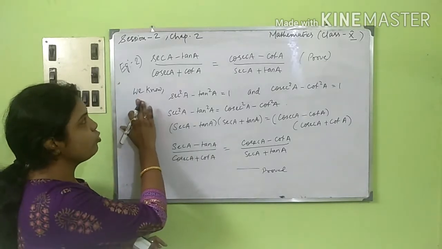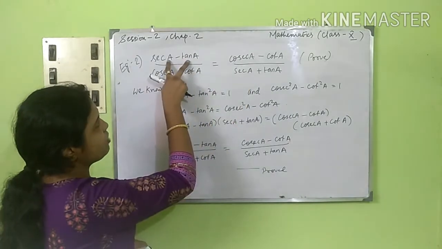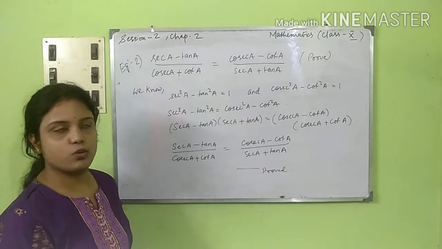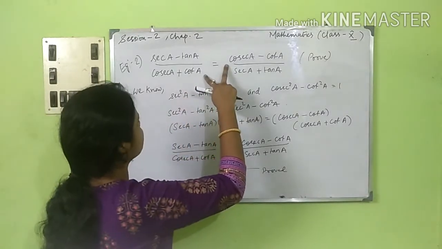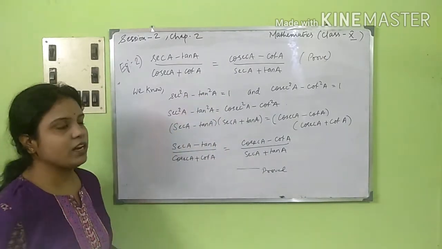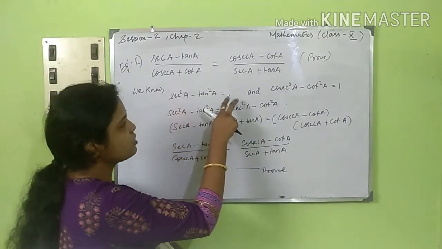Just see that this too can be like (sec a − tan a) into (sec a + tan a) gives you sec²a − tan²a, right? And in this case, (cosec a + cot a) into (cosec a − cot a) gives you cosec²a − cot²a, right? So in these two cases, these two results we have 1.